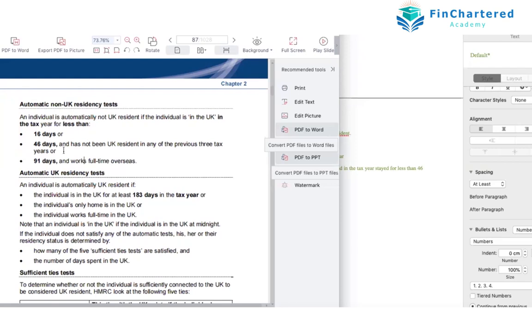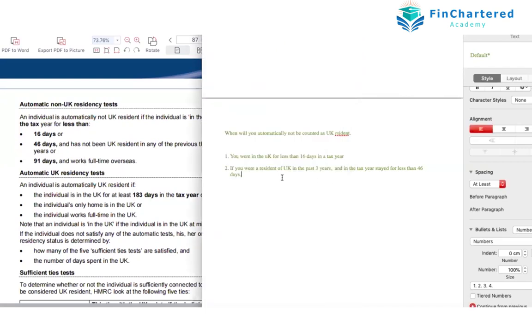And then less than 91 days, where you work full time in another country. Right? So, number one, you were in the UK for less than 16 days. Number two, you were in the UK for less than 46 days, and you were not a resident.